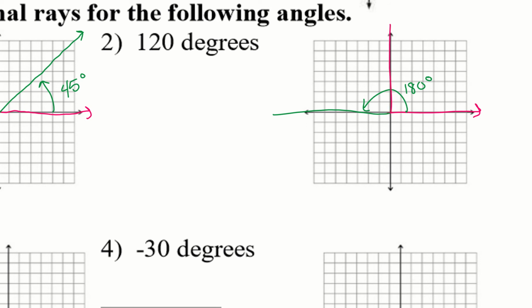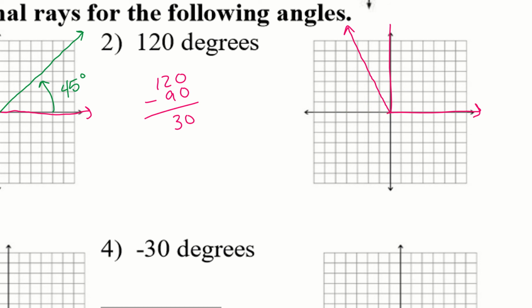What that's going to do is tell me about how far it is going to go from 90 to 180. So 120 minus 90 gives me 30 degrees. That means from my 90-degree position, 120 is only 30 degrees away. So let's say that's approximately, it's not going to be quite half, so it'll be about right there.